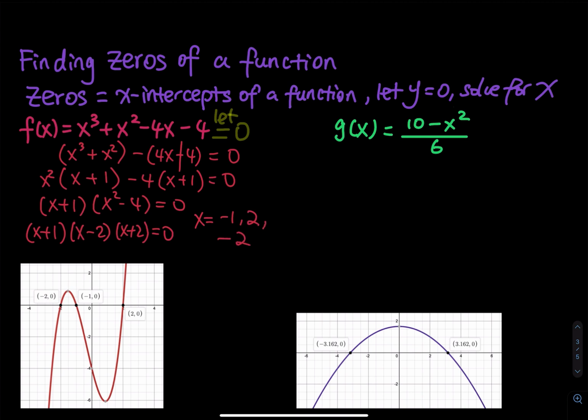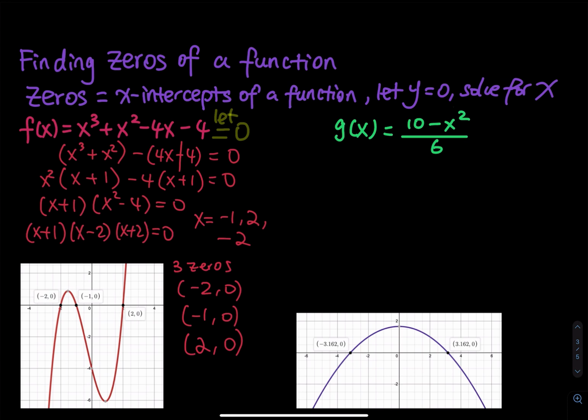So you have 3 zeros. Oh, I keep saying the 0. I already found x, right? So -2 comma 0, -1 comma 0, and 2 comma 0.